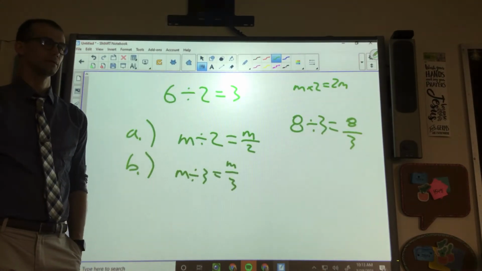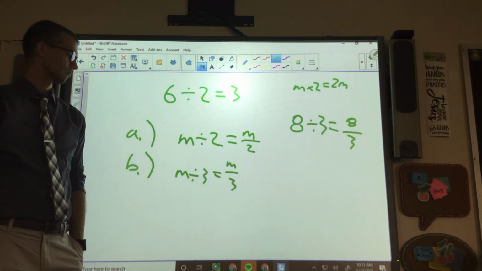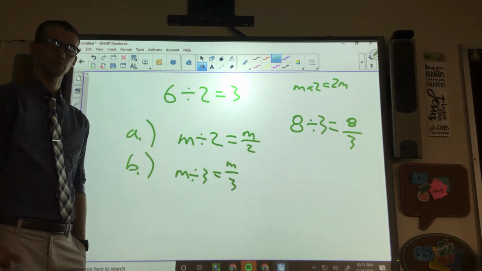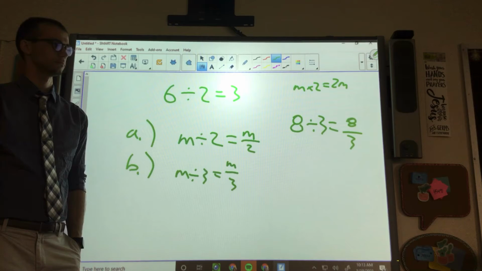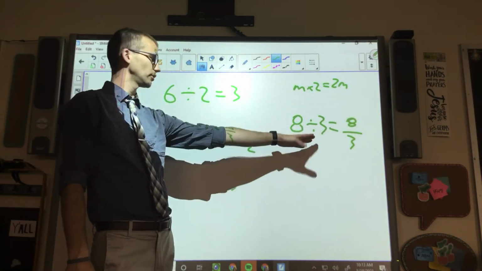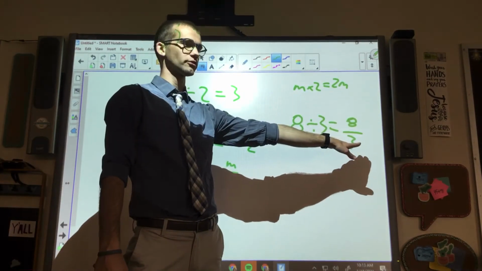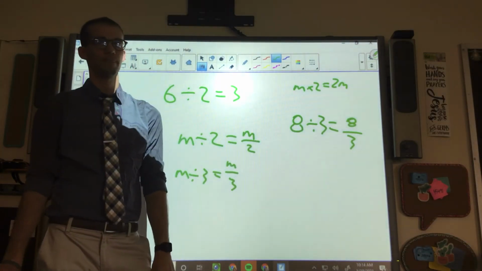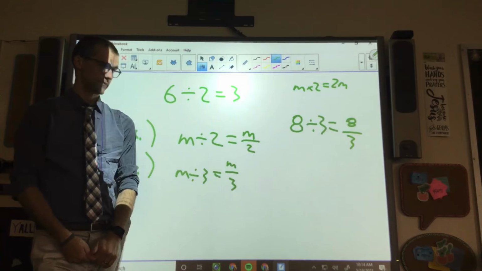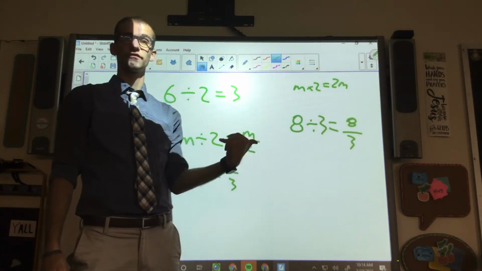What if M is 155? Then we would do 155 divided by 3 and work it out with long division, but we don't know what M is right now. Just like right here, you wouldn't leave 8 over 3 as your final answer, would you? No. What would you do? You would actually divide it, do long division, and get your answer.